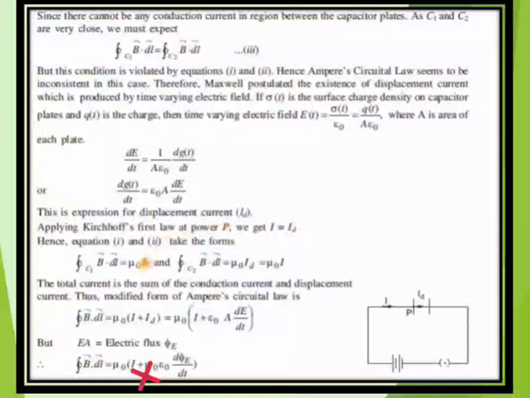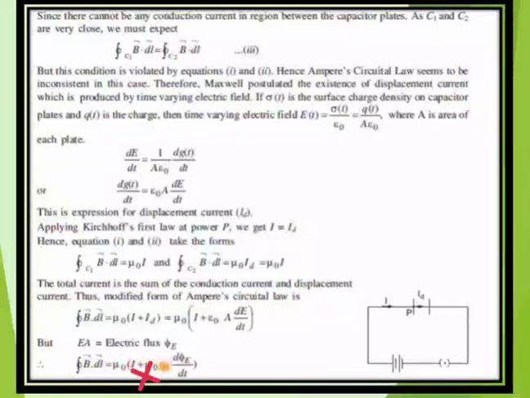So if we place for the second condition closed integration B dot dl, instead of 0 mu naught into Id, then this Id is the displacement current. Then the value of displacement current is epsilon naught d phi E by dt.